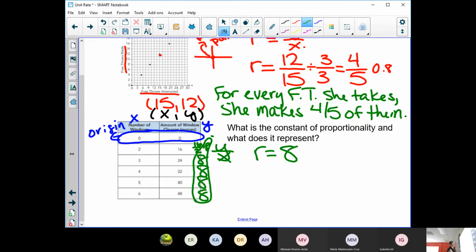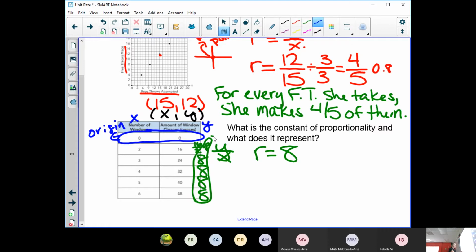8. Okay. So whenever I go down the table, whatever number I find for each pair of numbers in the table is my constant of proportionality. And what does this mean?